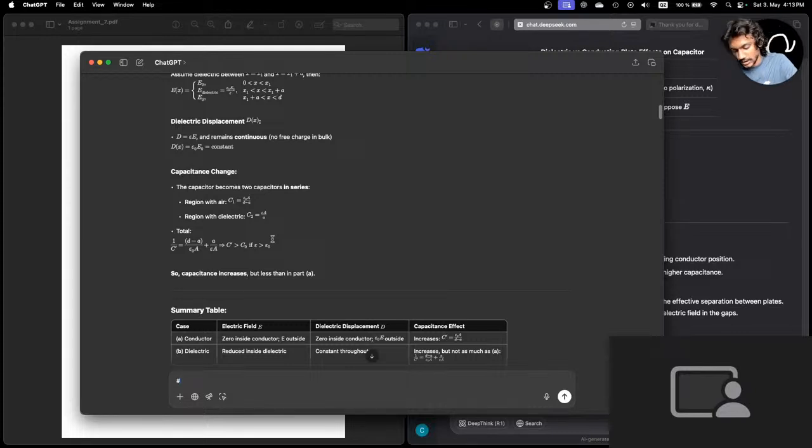Actually, it's the opposite. C_ND dot C_D by C_ND plus C_D, which is epsilon 0 A by (D minus A) into epsilon 0 A, by epsilon 0 A by (D minus A) plus epsilon 0 A by A.